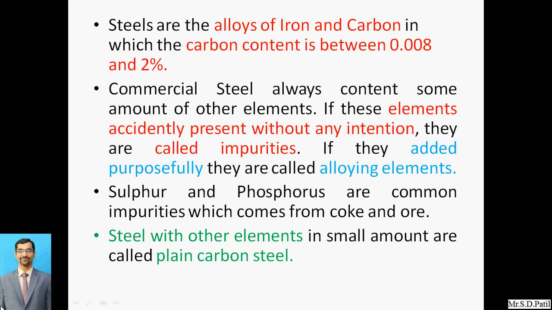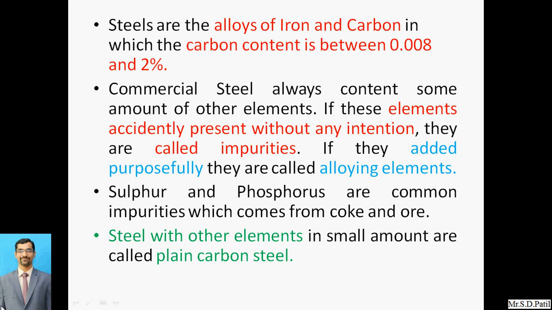Basically, we know that for surgical applications, that is, in medical applications, when the doctor wants to perform a surgery, the main requirement of the equipment is not strength. Strength is not that important, but the most important property is corrosion resistance.